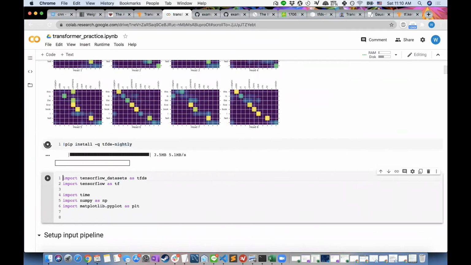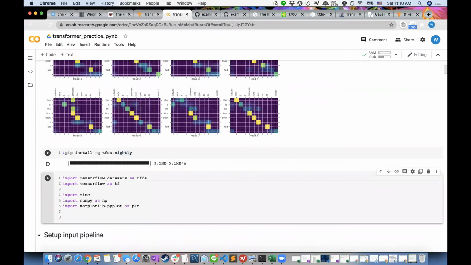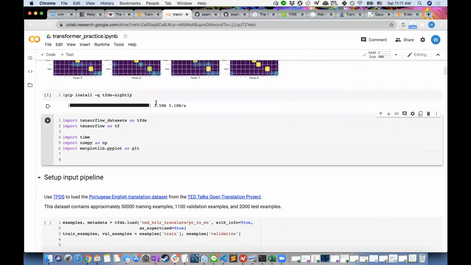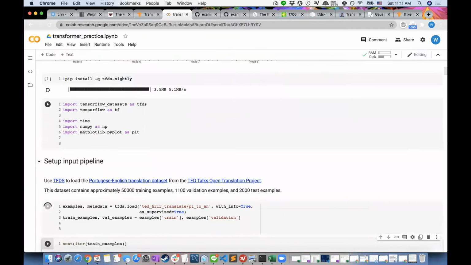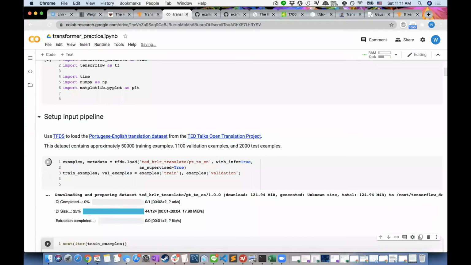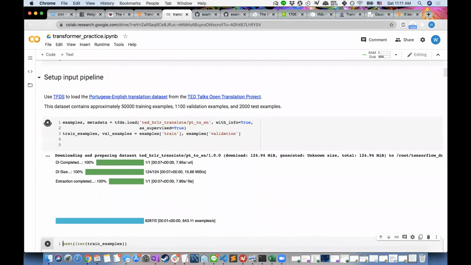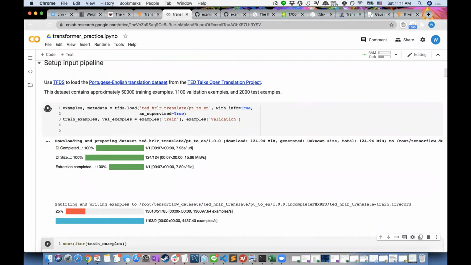And for those of you who are new to Colab, if you don't link to your own Google Drive, you almost always have to install the package, because every time, it's not installed locally. Sorry, could I just ask, the notebook you're running there, is that just your own copy of the Transformer notebook?